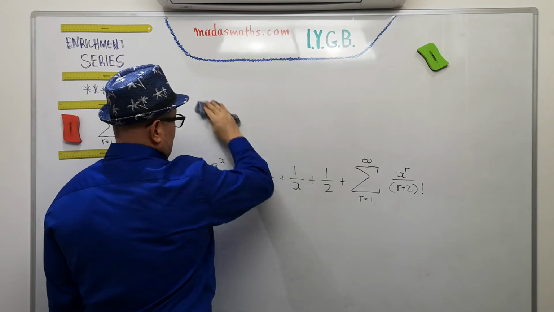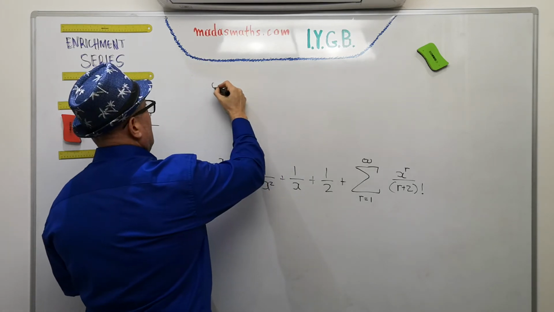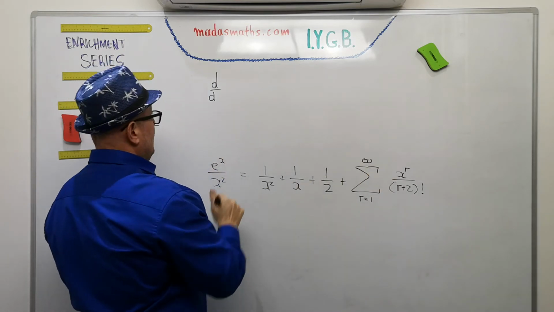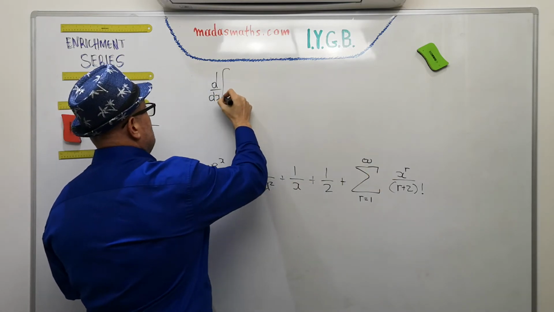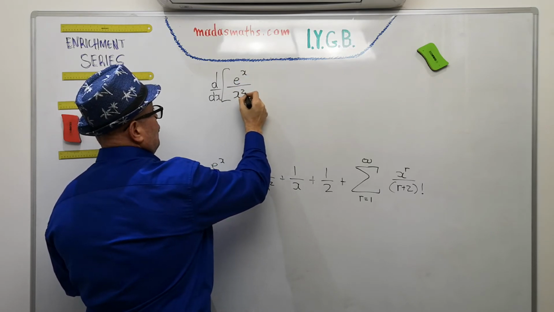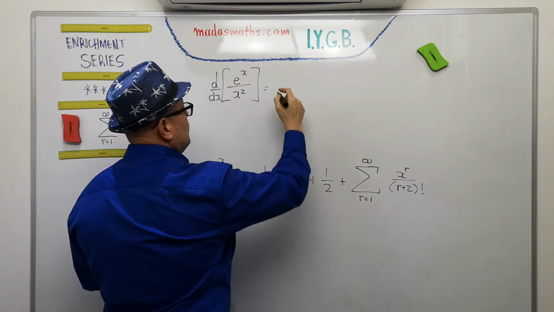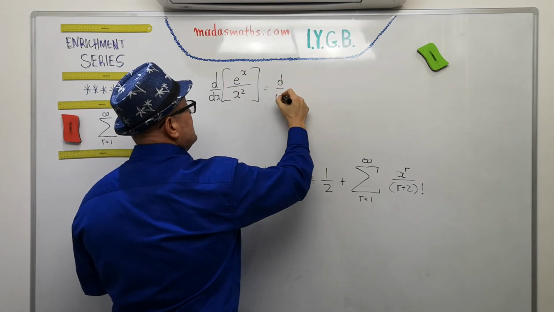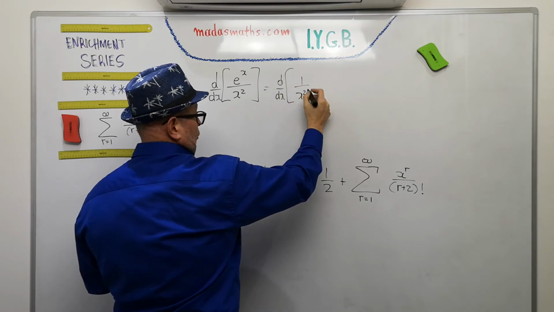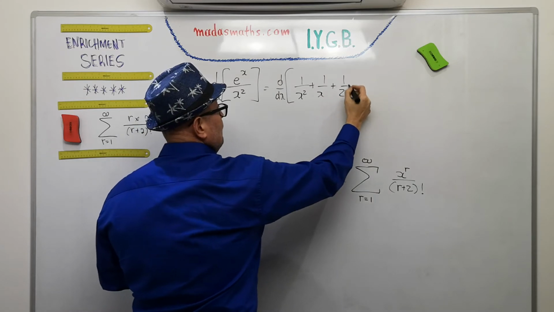So let's do this one. Let's put an extra line. If we differentiate this equation with respect to x, I'm going to get d by dx of e to the x over x squared. It's going to be a quotient rule in a minute. Let's put these three terms together in one operator: d by dx of 1 over x squared plus 1 over x plus a half.